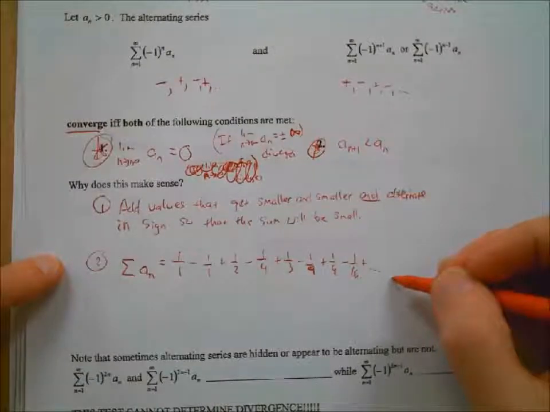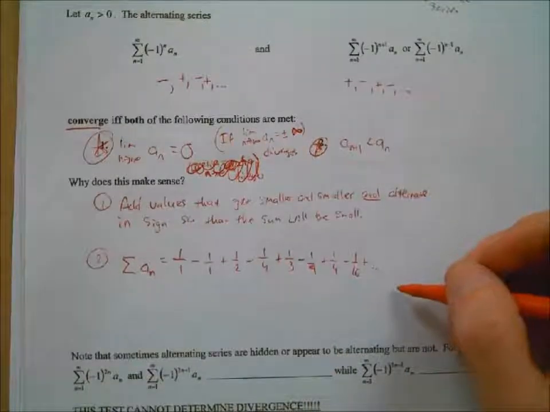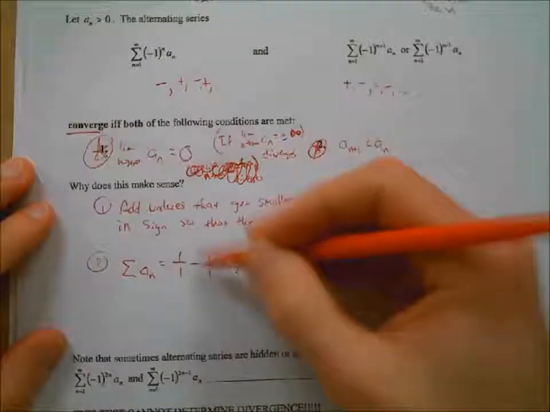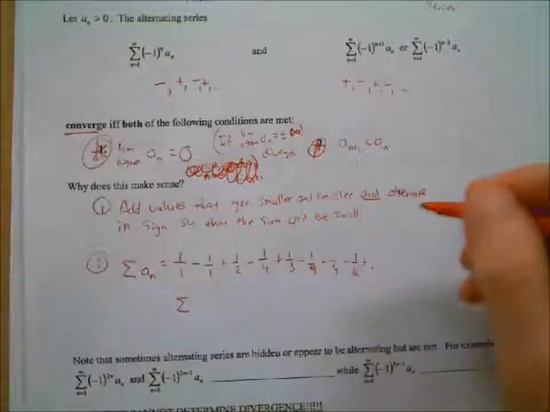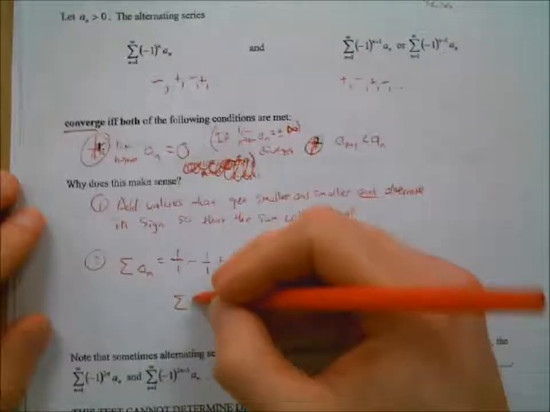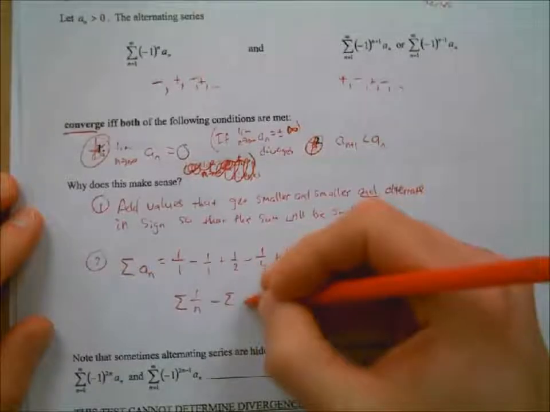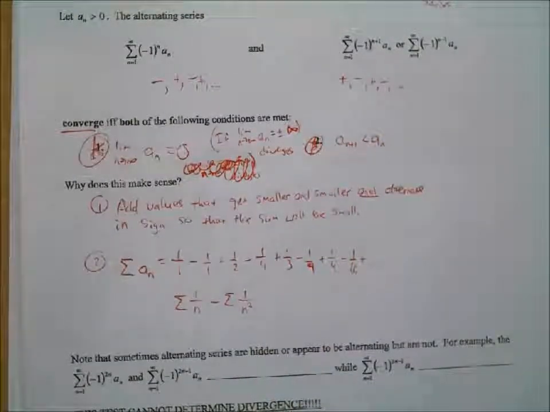So we're alternating, we have the first condition, but the second condition fails. Do we have convergence still? Because it looks like it's getting smaller, and we're adding these positive and negative numbers. Well, the way we can describe this series is using 1 over n minus 1 over n squared.